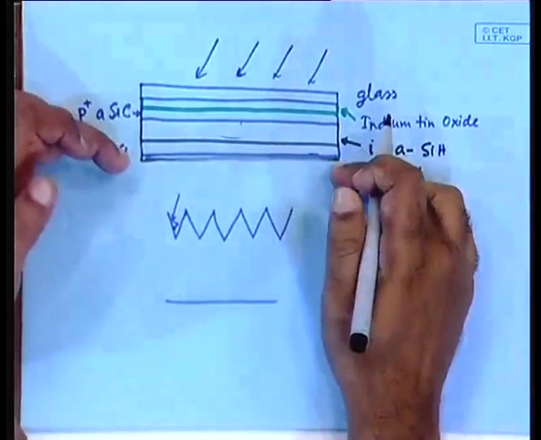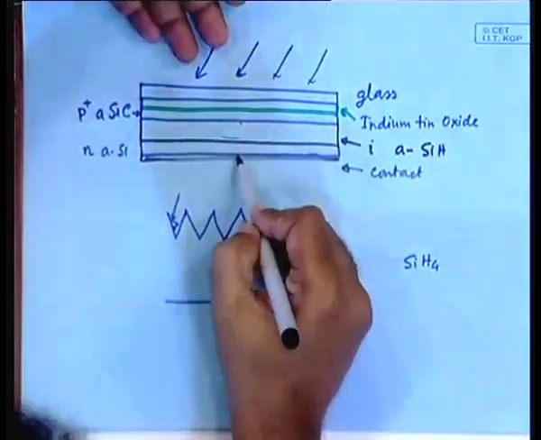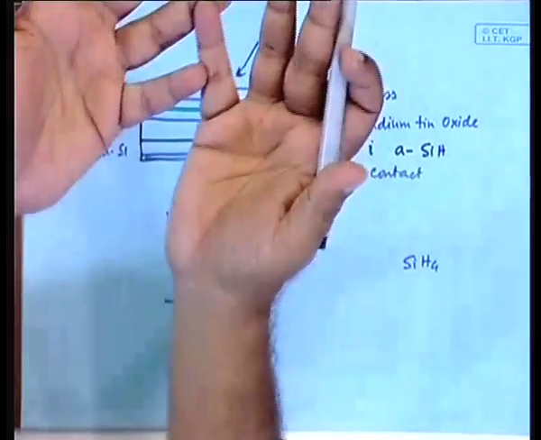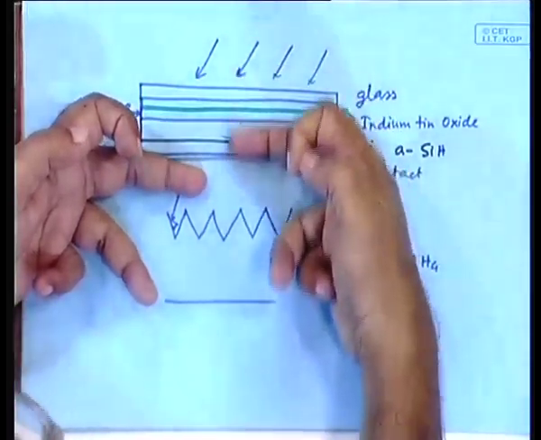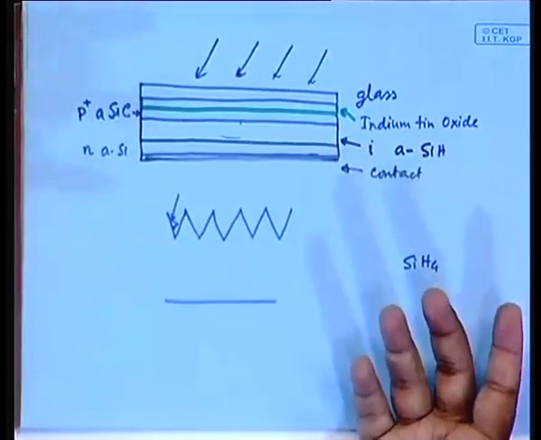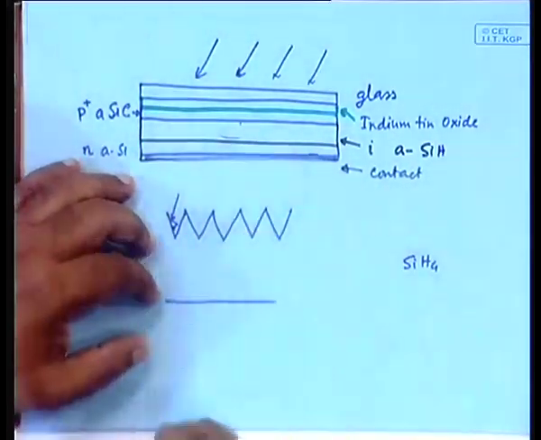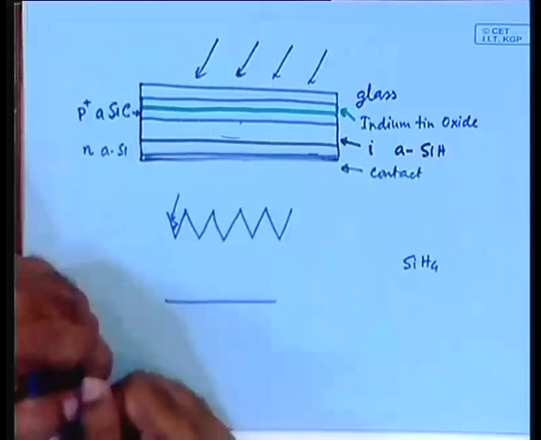That contact layer is made reflecting, so that whatever goes up to this point is again reflected back. So, the light goes through multiple reflections between these two, and ultimately has to be absorbed. This is the other trick by which people try to improve the efficiency of this kind of solar cell.